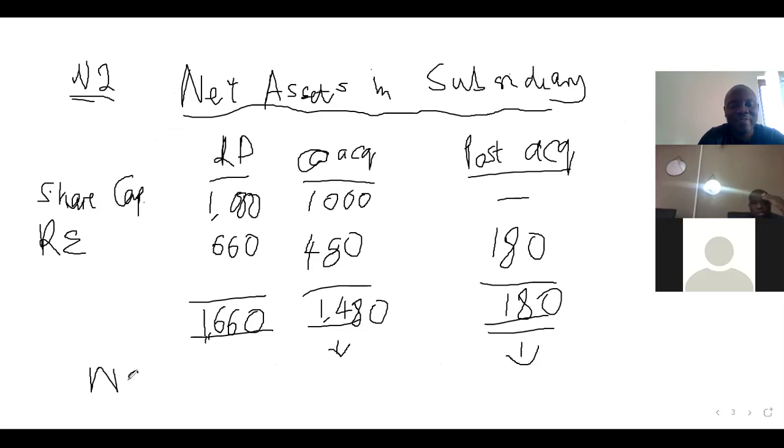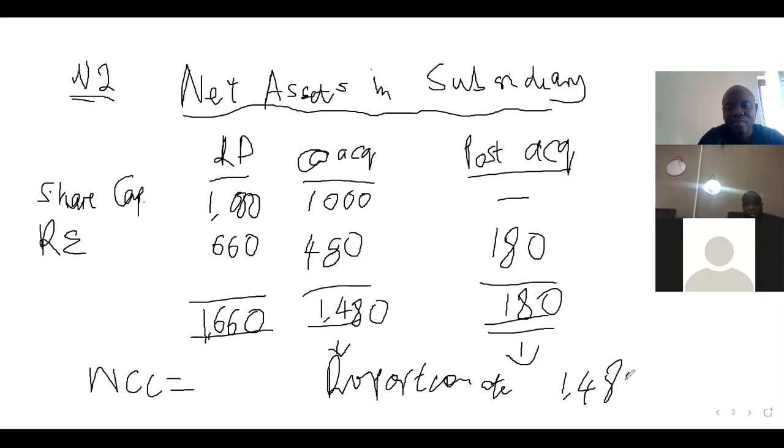If we are using proportionate, this is what you would pick: 1480 times 25%, which gives you 370. So if it was proportionate, you would get 370.